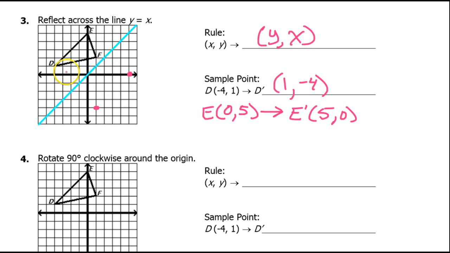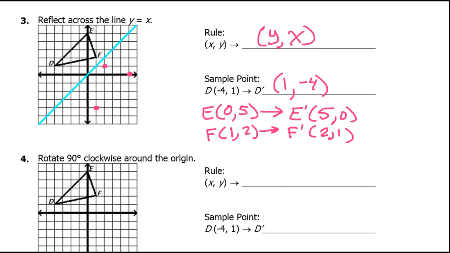And then what about F? Point F is 1, 2. So what about F prime? The rule says y, x, so that'll be 2, 1. All right, 2, 1 would be right here.